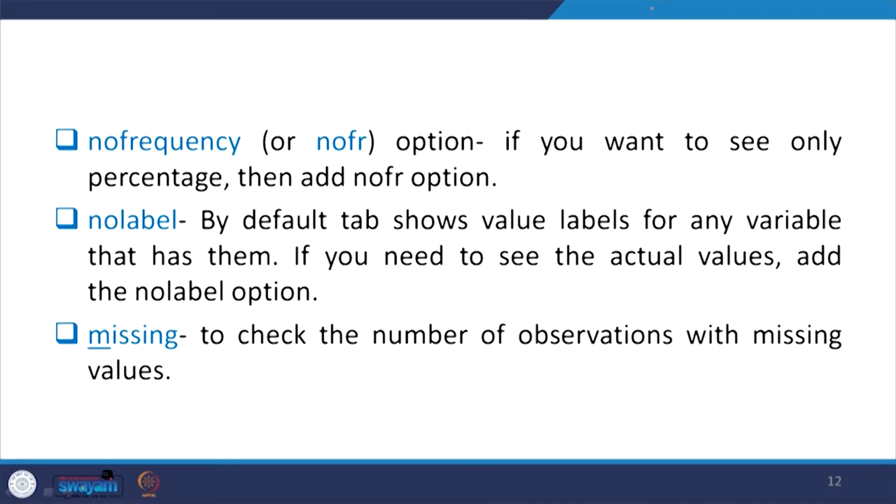NOFR avoids the frequencies. If you want to see only percentages, then add NOFR, that we told you. Similarly, nolabel: if you do not want labels shown, then nolabel can be added. By default, tab shows value labels for any variable that has them.